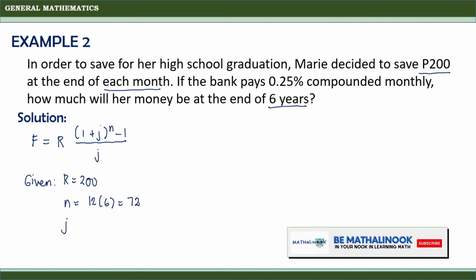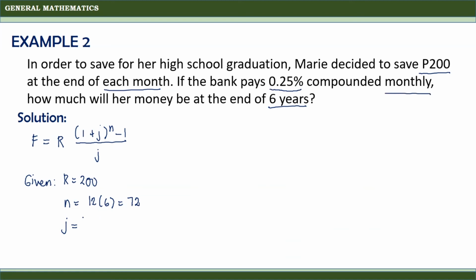Next, the value of J. According to the problem, the bank pays 0.25% compounded monthly, so J will be equal to 0.0025 divided by 12, which is equal to 0.0002083. Since we now have the values of R, N, and J, we can now substitute them to our formula.